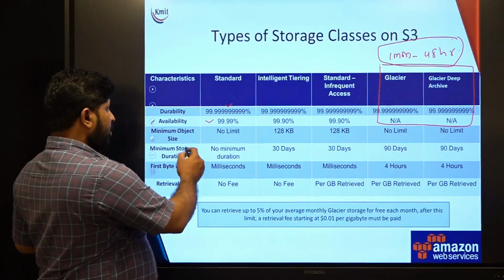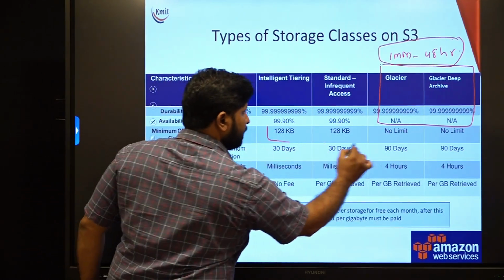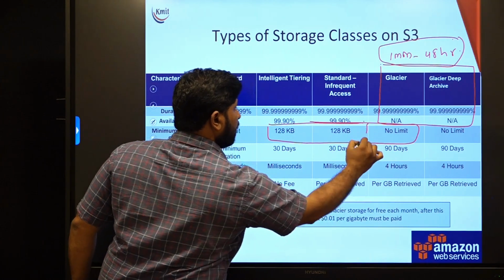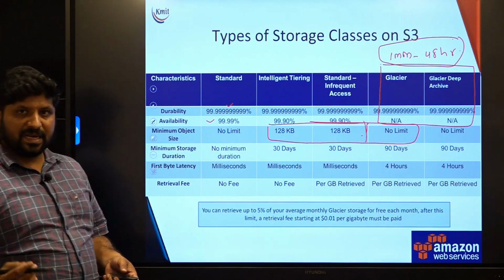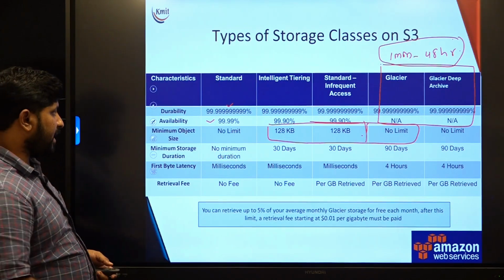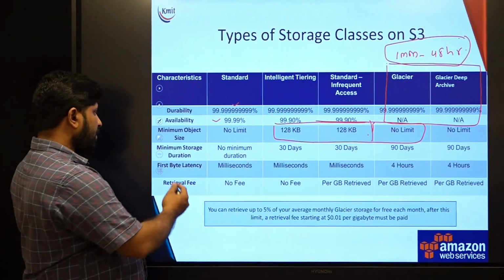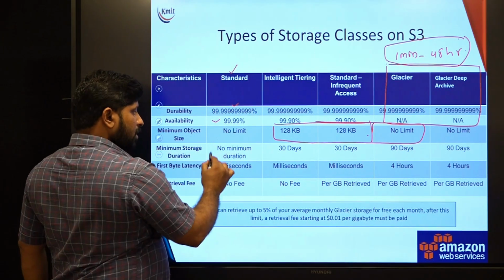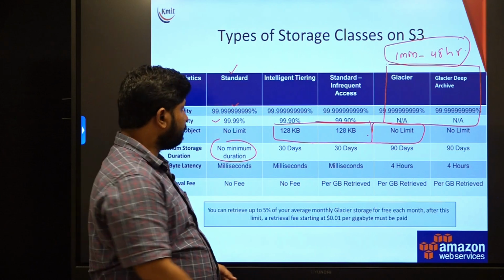And coming to minimum object size, which we have already seen, for intelligent and infrequent access you have a file size limit. It should be at least 128 KB, at least, not at most. Coming to minimum duration, for standard there is no minimum duration, because it is highly charged.